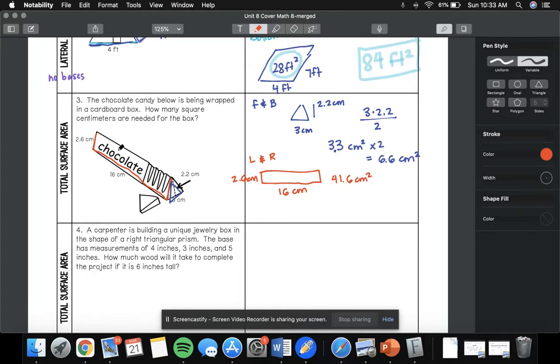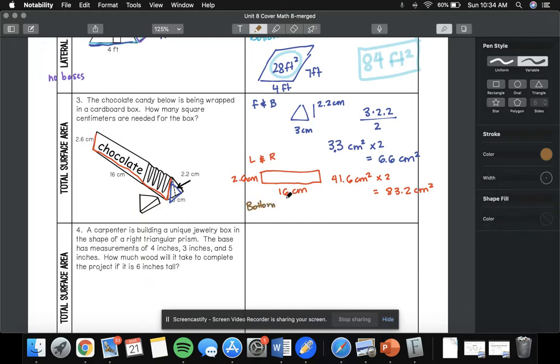Again, I have this side that I can see. I also have the other side, the right-hand side that I can't see. So I am going to double that, and I get 83.2 square centimeters. Okay. And then we have the bottom.